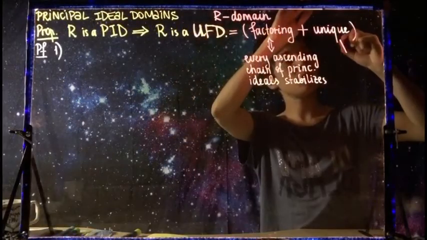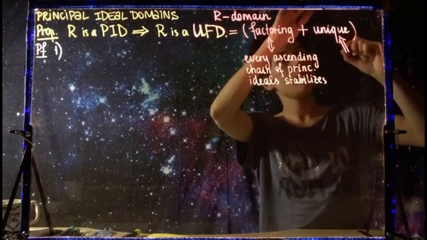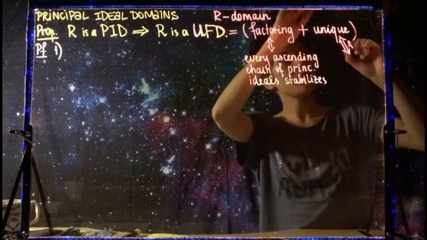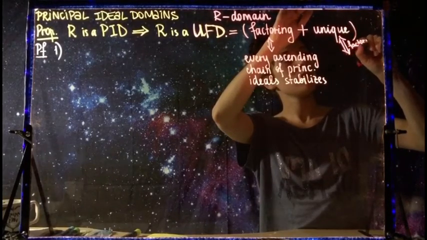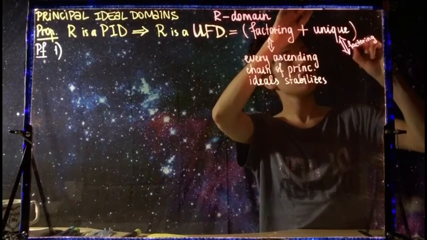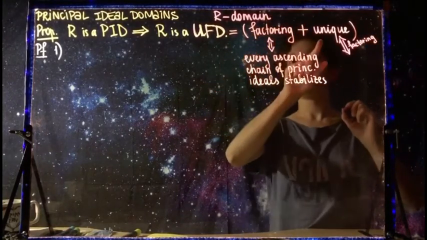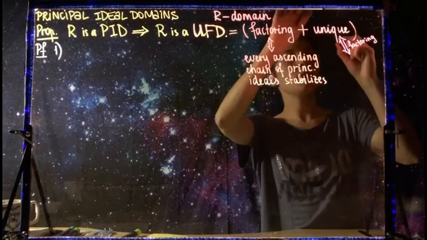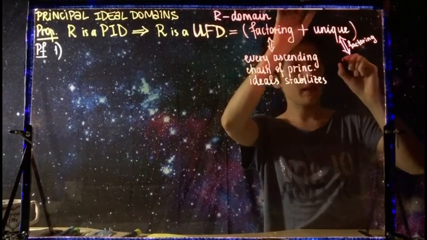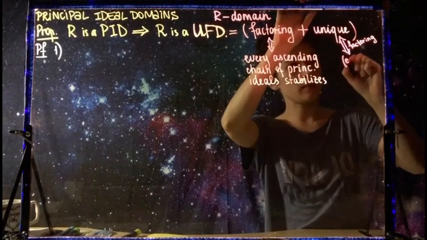And we also proved during the last lecture that in the presence of factoring, uniqueness of factoring is equivalent to saying that every irreducible element is prime.